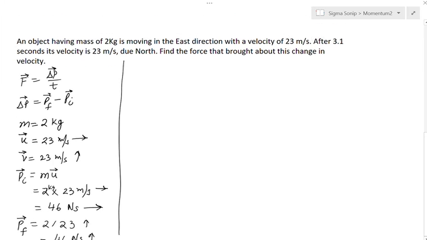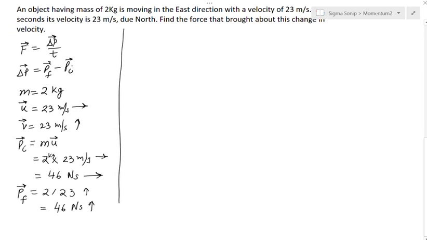Now to find delta P, we need to do a subtraction. So again, I'm just going to write like I wrote in the previous case. Delta P is equal to P final minus P initial, which I will write as P final and negative of P initial.